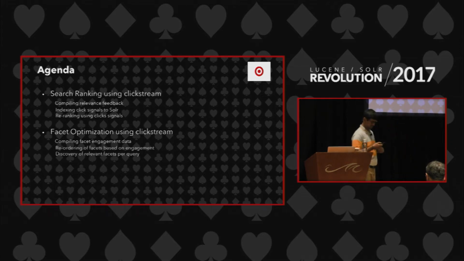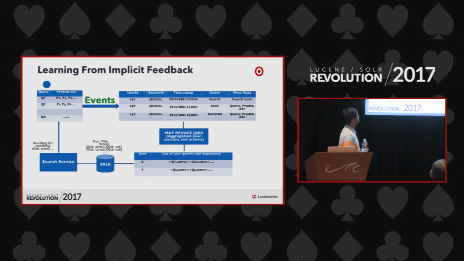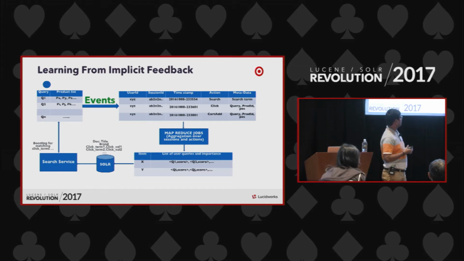Right. So moving on. The first application that I'm going to talk about is ranking. This is the architecture that we are using for getting the clickstream signals, and how we are crunching the data in a Hadoop-based cluster using Spark, and what kind of data is coming as output that is used as the relevance or ranking signals.